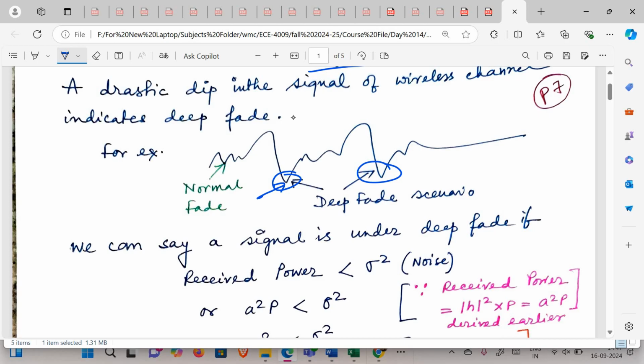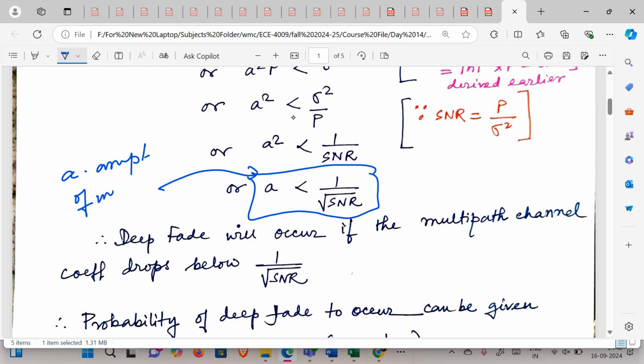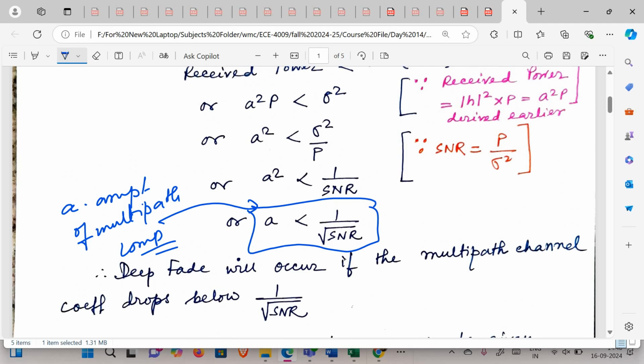But all of this has been taken care of by a single condition. So please make a note of this condition. The condition is given here: remember, A is the amplitude of the multipath component. If the magnitude of A is less than 1 by square root SNR, it can be proven, as you can see over here, some steps prior to that.